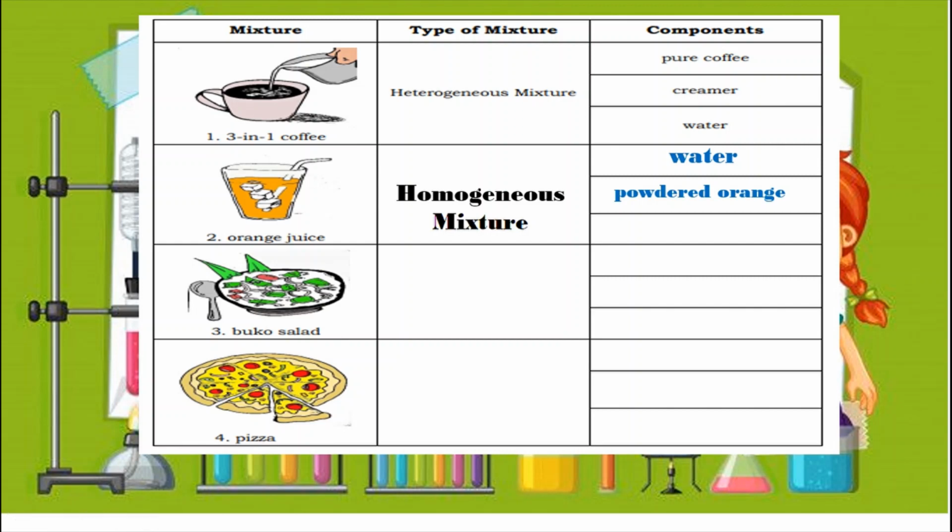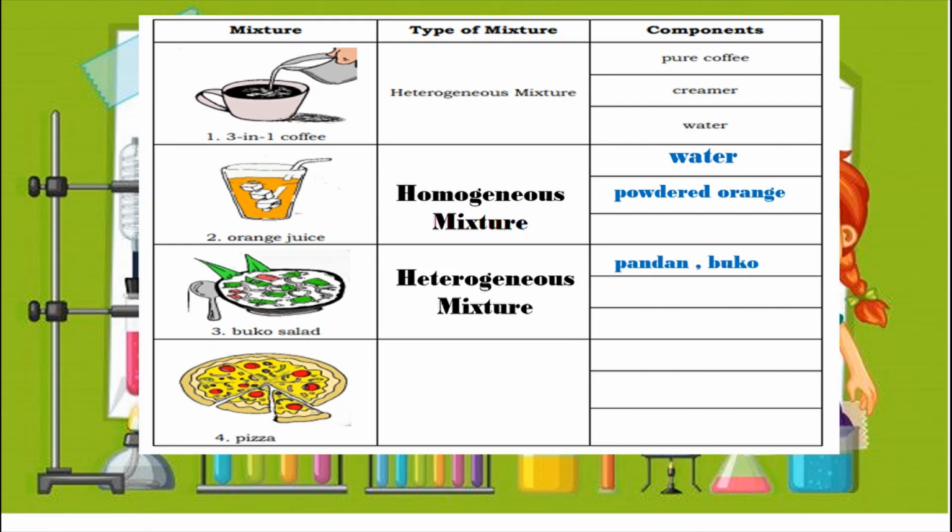Unsa ni nga klase nga mixture ang buko salad? So kay daghan man siya o makita man nimo. Buko pandan, kanang buko gyud ana tapos natadi kuko na sirgatas. So ang types of mixture ani kay heterogeneous mixture. Unsa ang components nga naa diri sa buko salad?